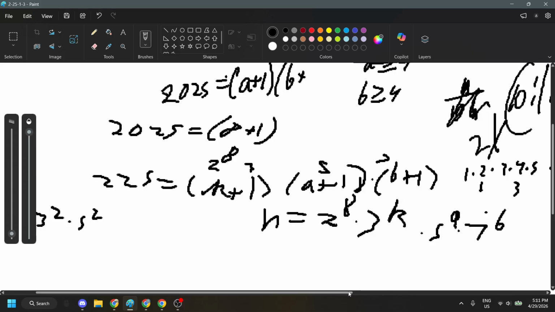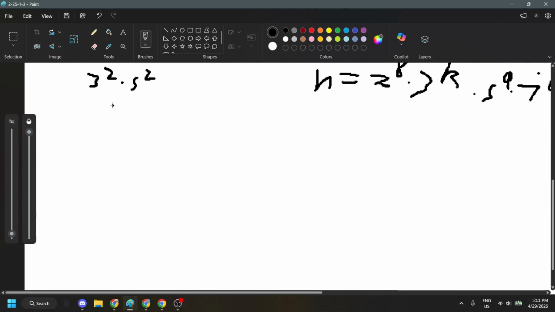So this is 3, this is 5, this is 7. 5 has to be greater than 4. So our options are, what can we do with just 5 and 3? We could do 9, 15, 45, 135, right? 225.